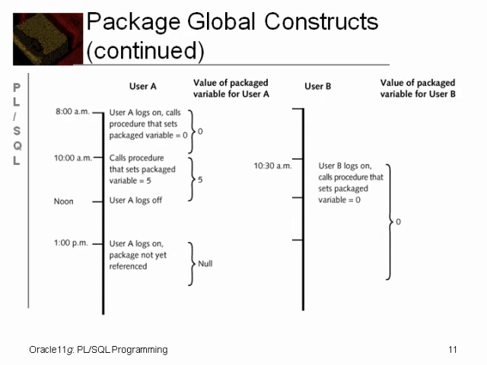They have this example of a user logging in, and they call a procedure that sets a package variable to 0, and then at 10 o'clock they call another procedure that sets the package variable to 5. Then the user logs off for lunch. When they log back on after lunch, the package hasn't been referenced yet, so the package variable is set to null because it was reset when the user logged off.